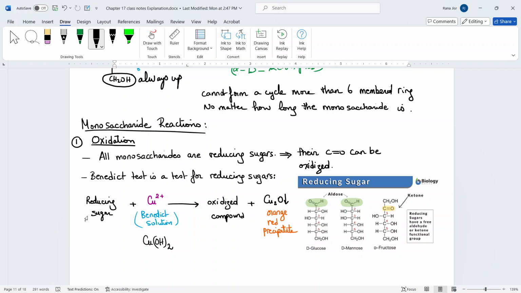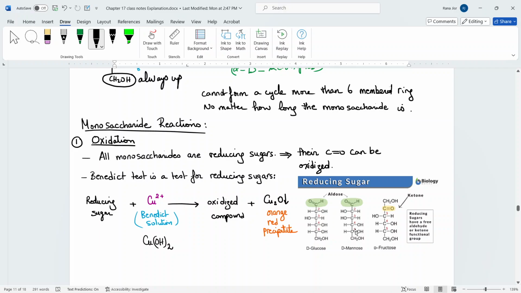Meaning, does it have functional groups that can be oxidized? We add some Benedict solution to it, and if our monosaccharide is a reducing sugar, then we will form an orange-red precipitate, and the compound is going to be oxidized.